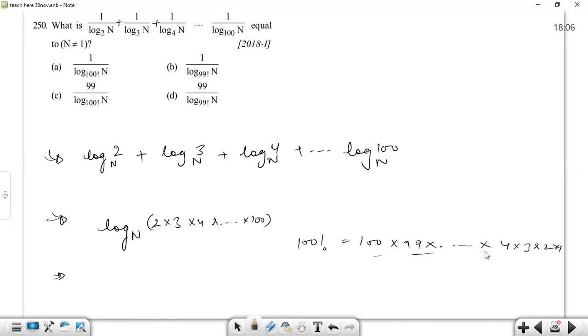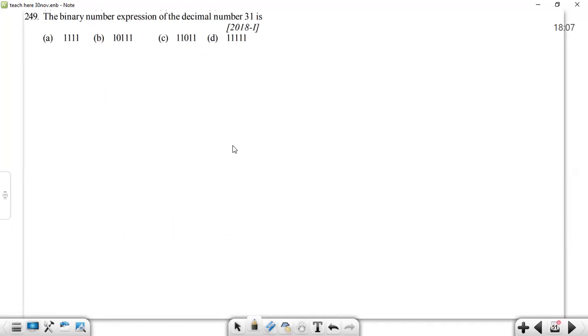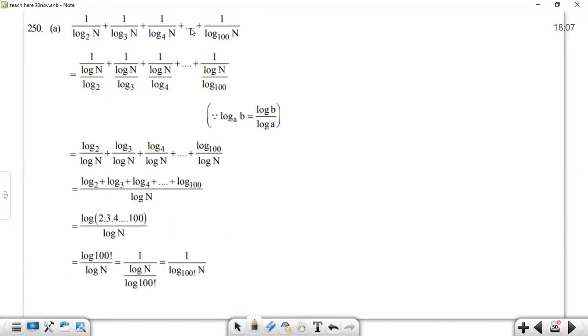So is that equal to somewhat this? Because there's not much difference. Can we write it as logarithm of 100 factorial to the base n, and maybe write it as logarithm of n to the base 100 factorial? So A is the correct option. Any doubts? Okay, now the answer is correct.